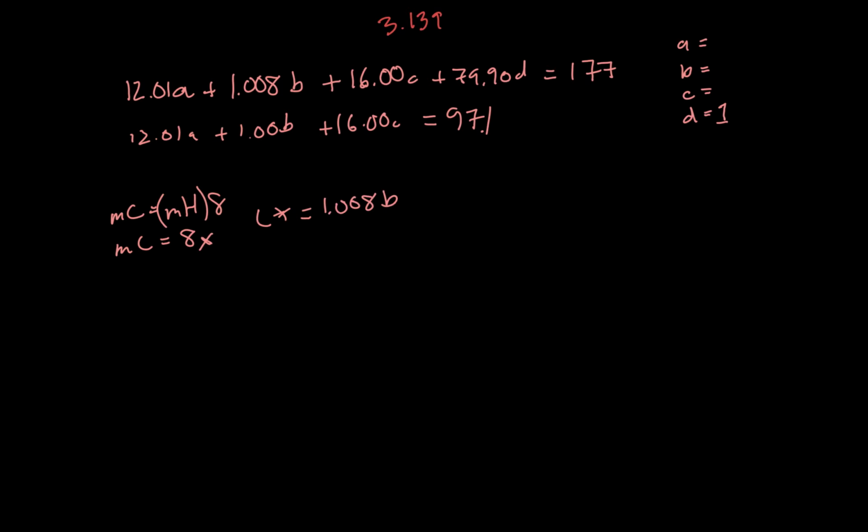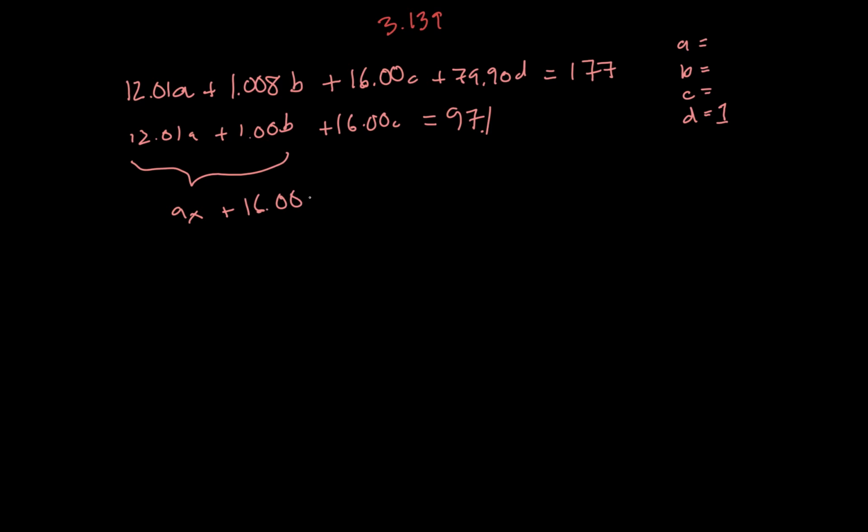Really it's going to end up being equal to b, because this is just the coefficient for the hydrogens. But what it means is that we can abbreviate these two terms into 9x. We have the 8x and then the 1x here. So we're going to condense these two things into 9x. Now we have 9x plus 16c equals 97.1.